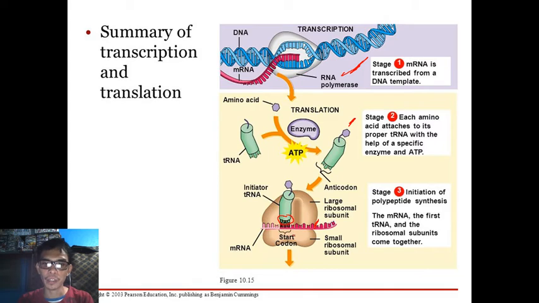Don't forget, it will always start, and there is always an end to the process. Take note, everyone, that this process requires ATP. So protein synthesis will not happen if there is no ATP and energy.